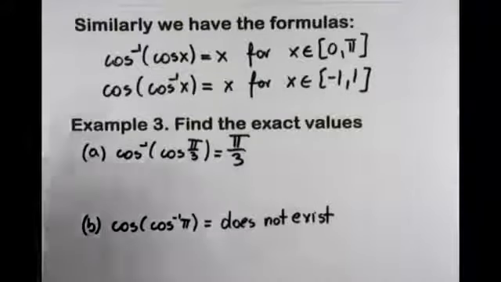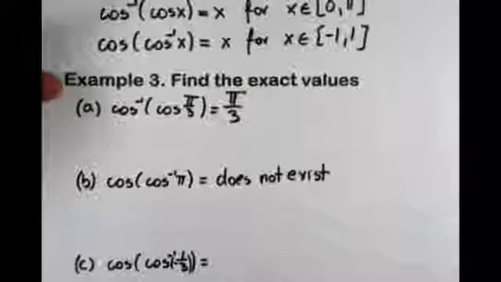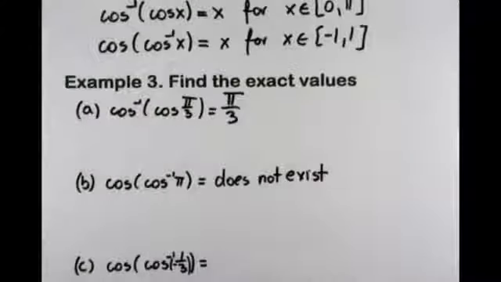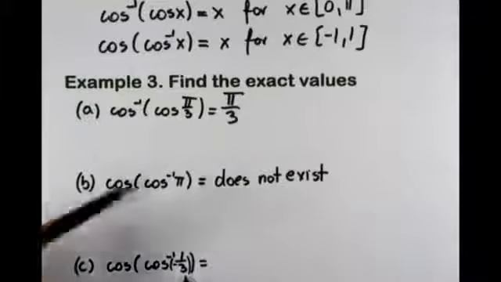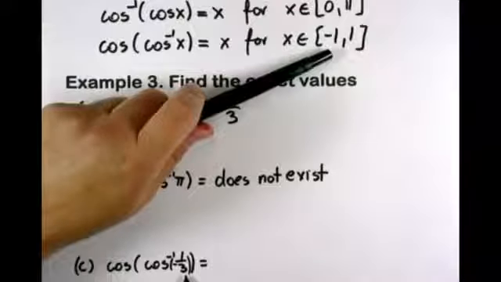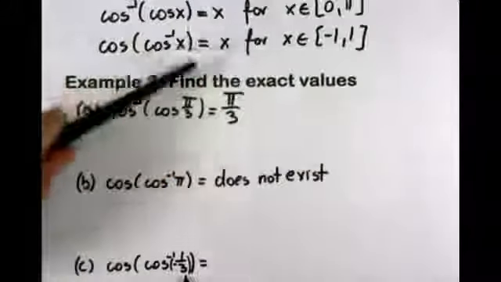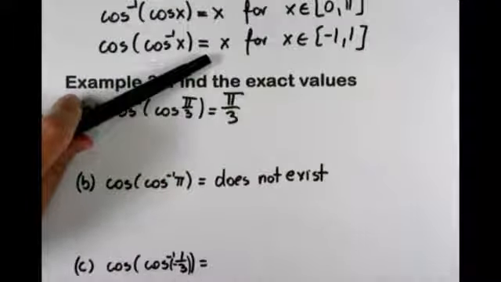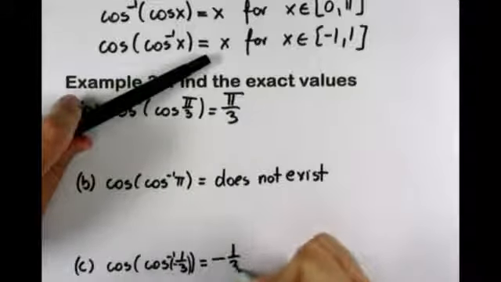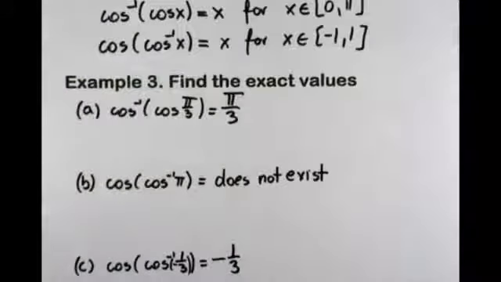And then the third one, cos inverse of -1/3. -1/3 is in this interval, so we can apply the cancellation formula, and this is equal to -1/3.